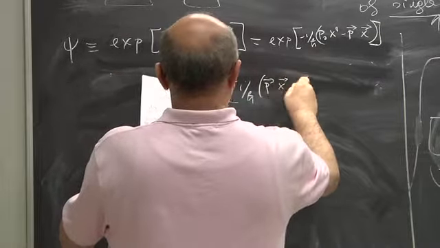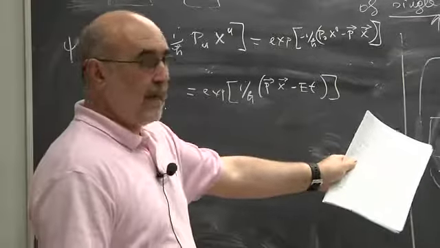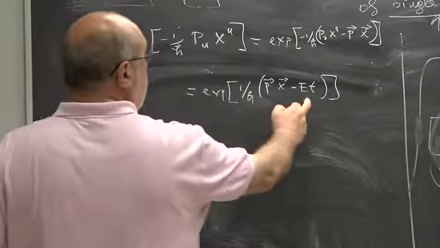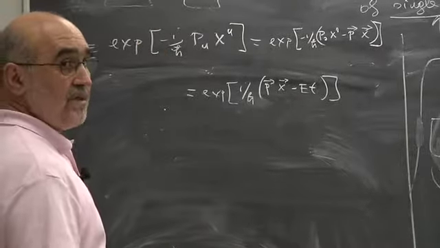You see, there is no C. I will prove that this is a solution of that, provided P and E stay on the mass shell, satisfy the famous relativistic relation.